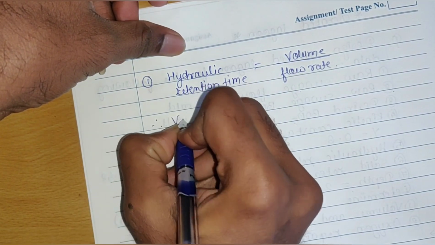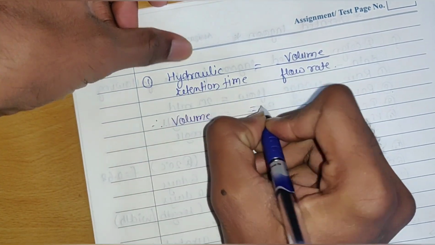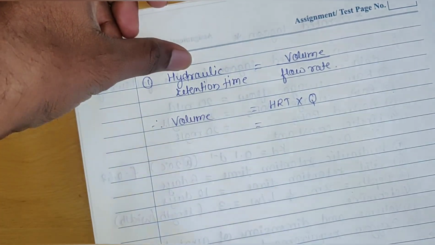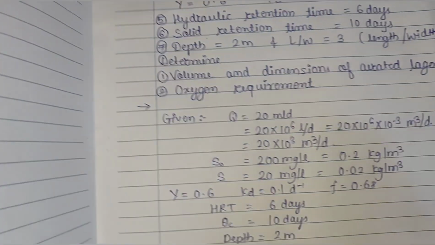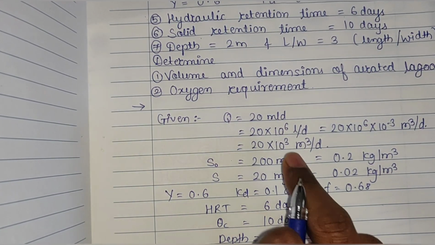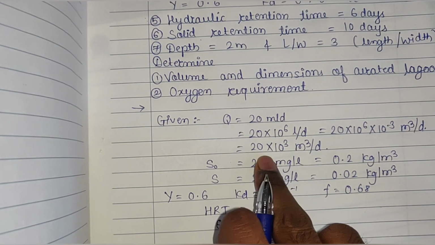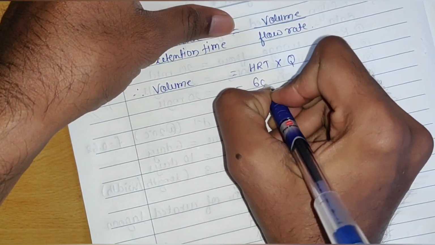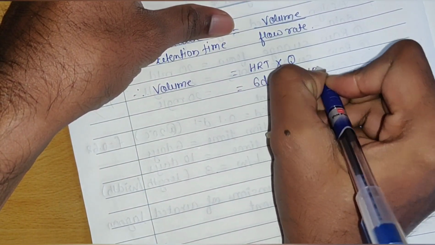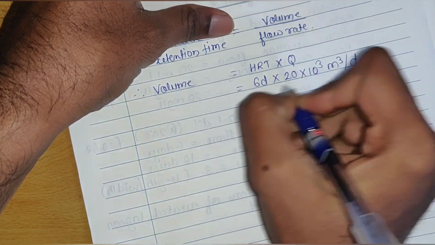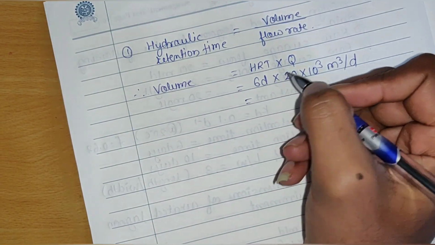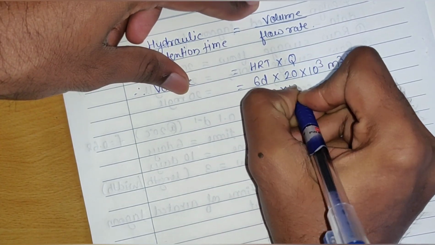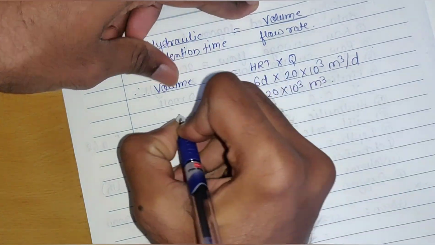Therefore volume is equal to HRT into flow rate Q. HRT is 6 days, and flow rate is 20 into 10 raised to 3 meter cube per day. You will get the value of volume as 120 into 10 raised to 3 meter cube.